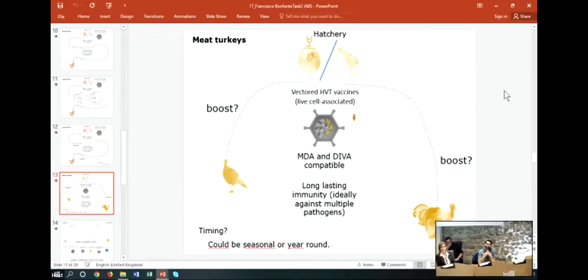But we should be careful because these are the most susceptible animals in the game. And so despite a shorter productive cycle compared to layers, maybe a boosting strategy could be requested for these animals in order to protect them fully. And if you ask me when these should occur, it could be seasonal, depending on the migratory routes, or year-round. While the laying hens, given the long productive cycle, they should probably be vaccinated all year long.